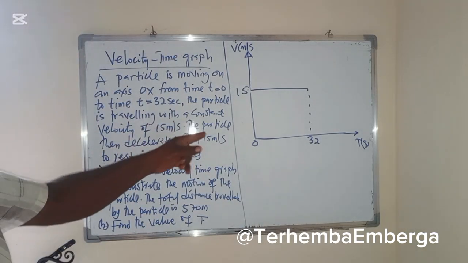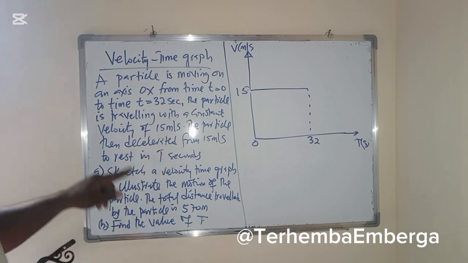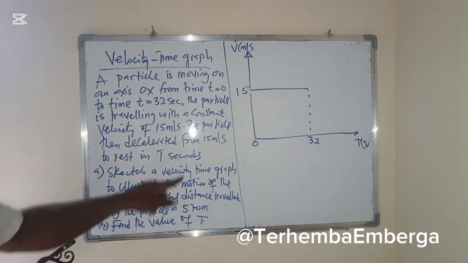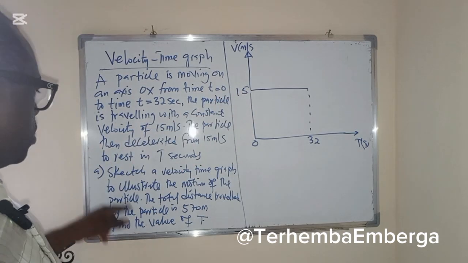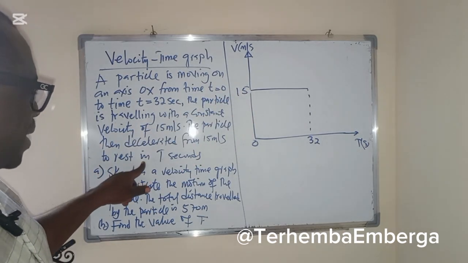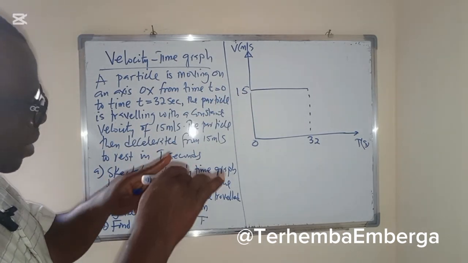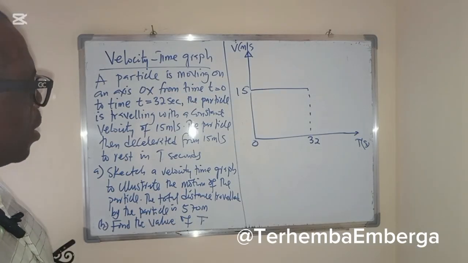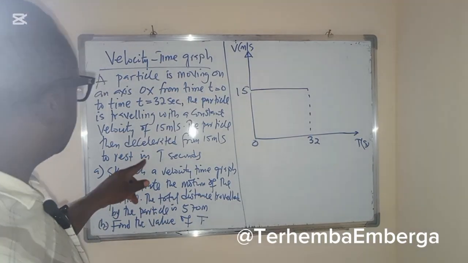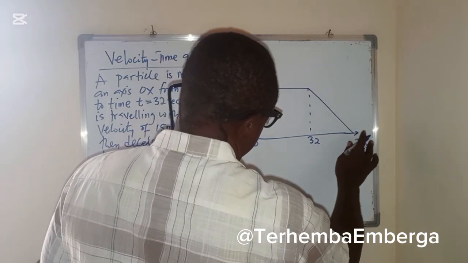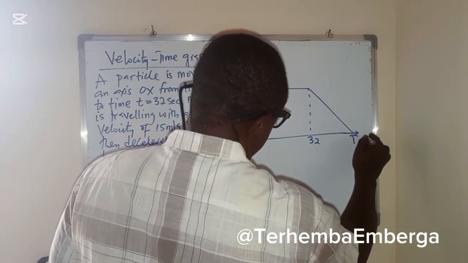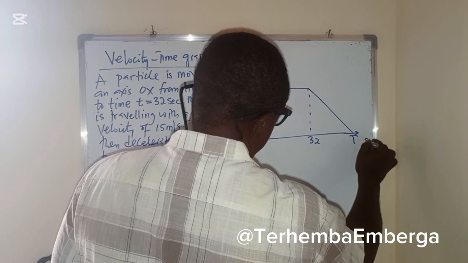We travel with a constant velocity of this. The particle then decelerated from 15 meters per second to rest, it decreased to rest in t seconds, assuming this is t in seconds.